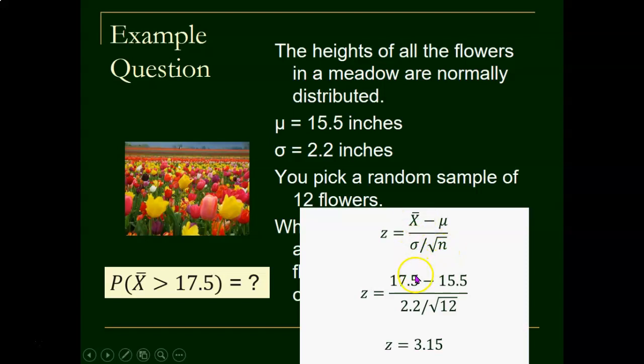So in this example, the x bar is 17.5, the mu is 15.5, the sigma is 2.2, and the n is 12.